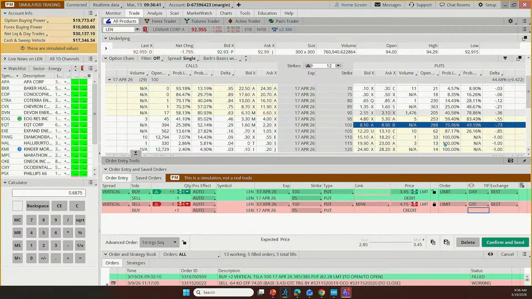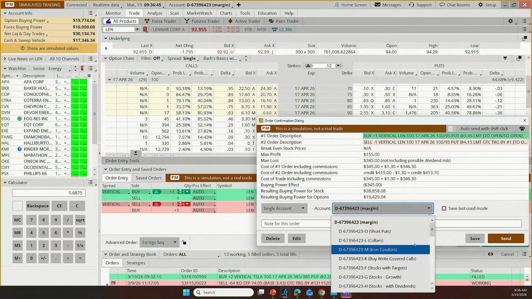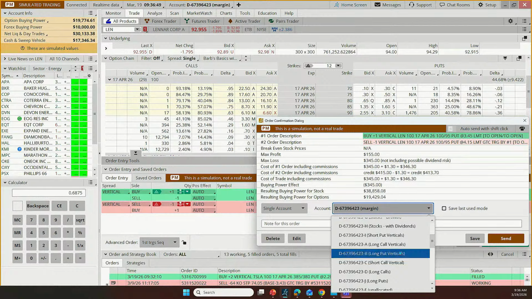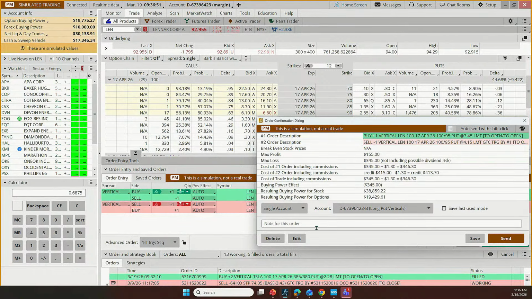And then I noticed that the strikes above were potentially within our trading rule set. So that's a long put vertical for that. And our goal is a 25% profit target. If you want to put a note in from you to you, there you go.